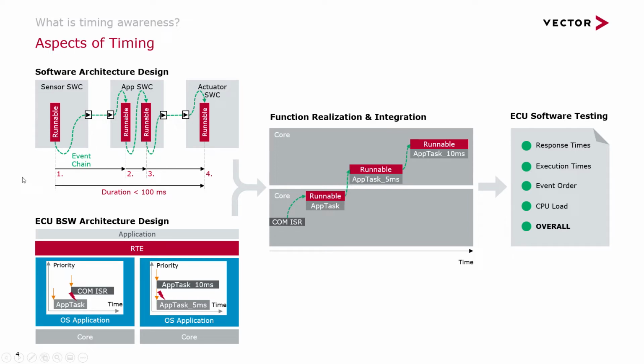You of course know on an architectural level which functionalities different software components need to fulfill. In this example, we have one software component that is reading sensor data. Then we have an application software component which is processing this data in two different runnables. And we have a third, actuator software component which in the end is making a decision for an actuator based on the processed data.